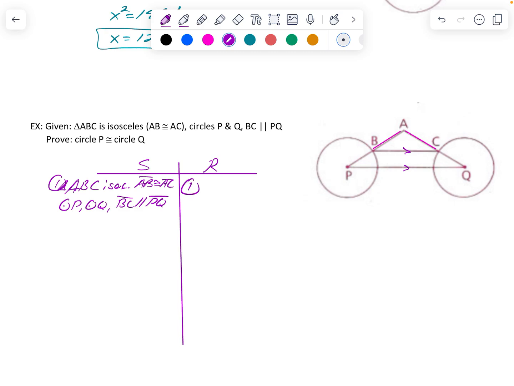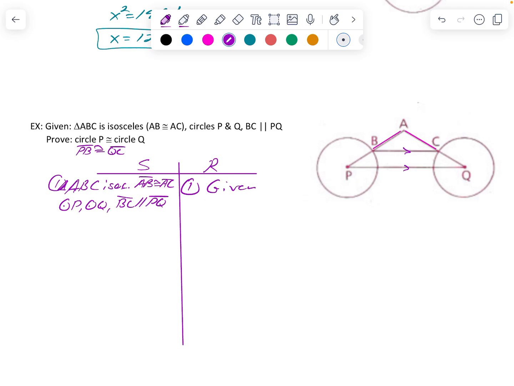So really what we want to prove is PB congruent to QC. All right, so if we can show that those two radii are congruent, then we will have the circles congruent. So given.